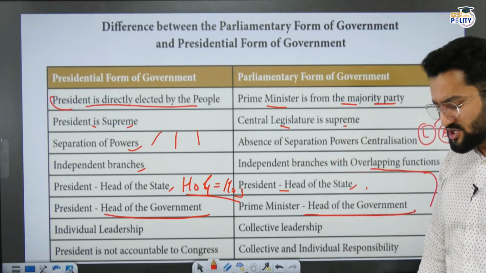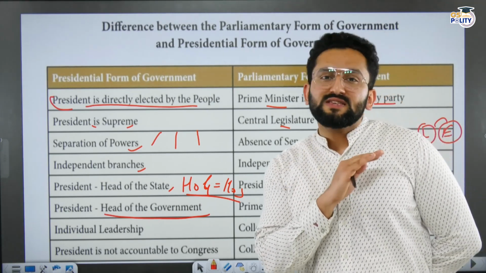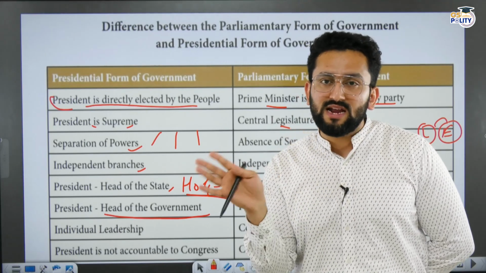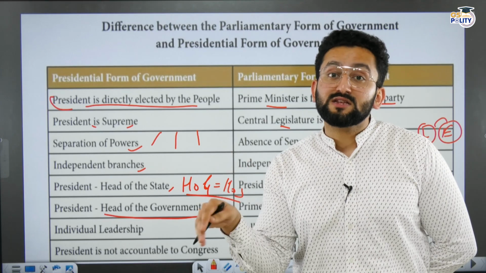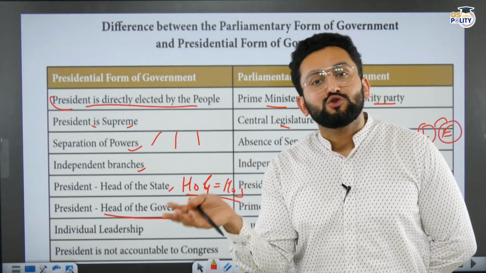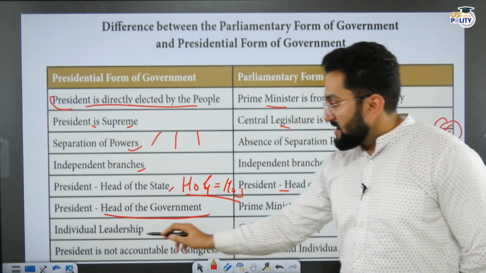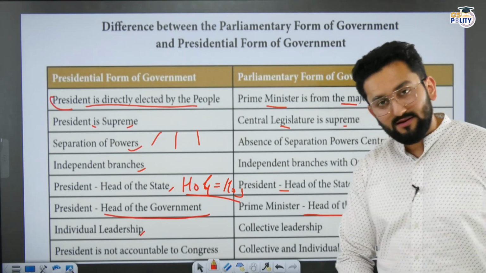In the starting of lecture, I told you that there's a difference between what is possible in parliamentary form of government and, second, what is possible, or you can say features of parliamentary system of India. So in Indian parliamentary system, there's difference. Okay. Individual leadership, as president is there, he is the real head, right?